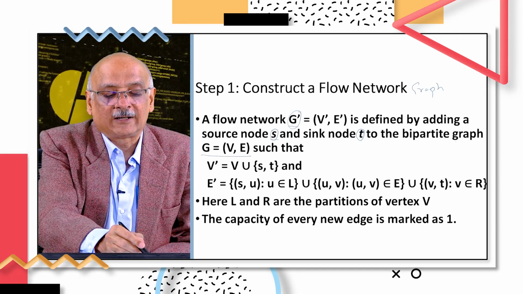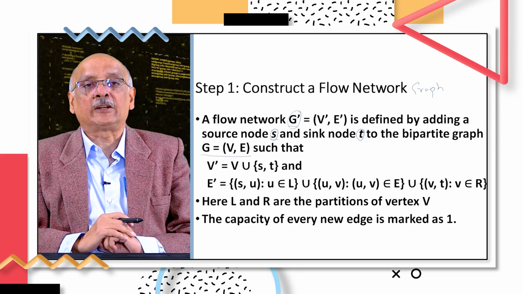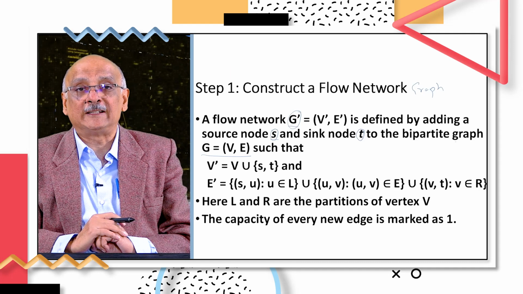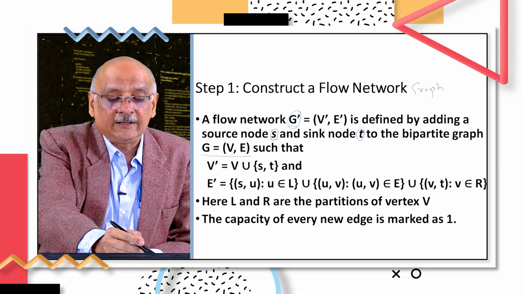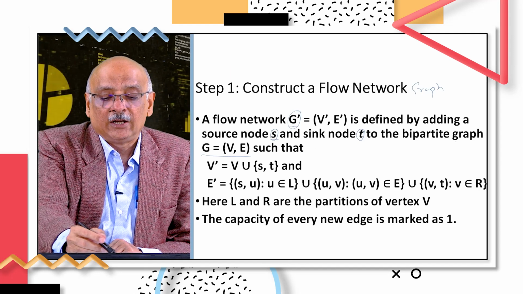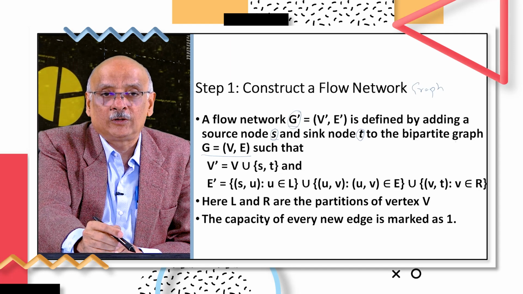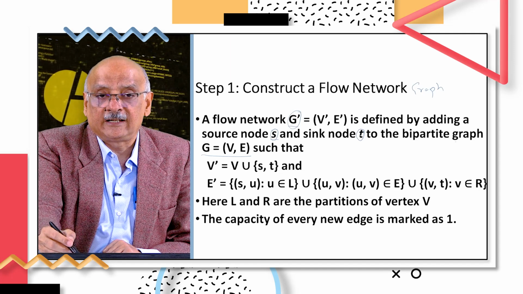Suppose our graph was G with the set of vertices V and set of edges E, then in the set of vertices we will add two nodes S and T.